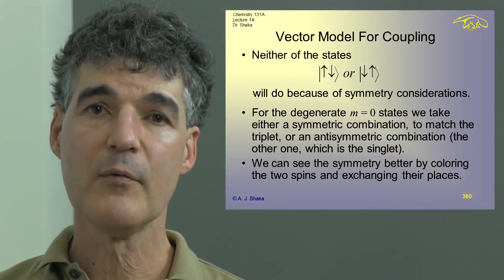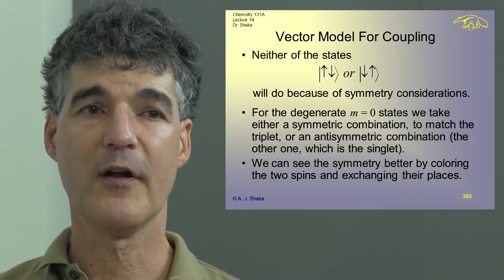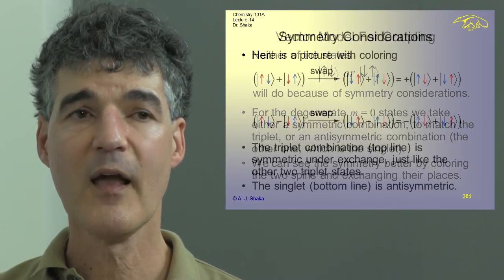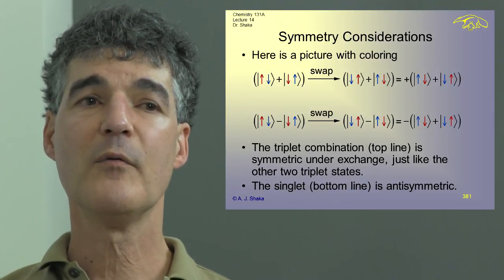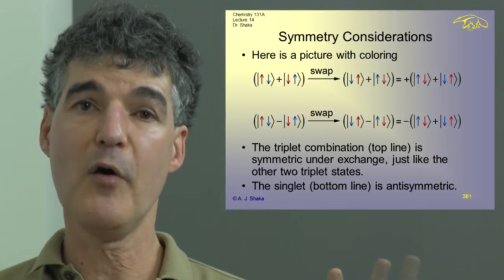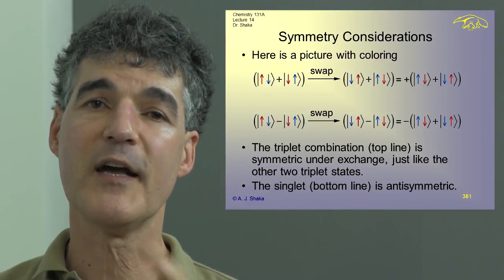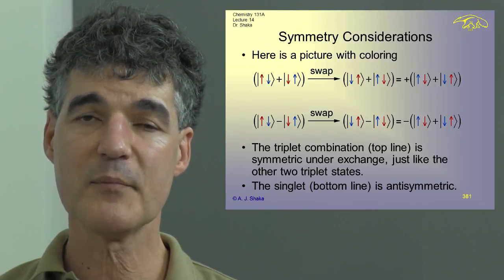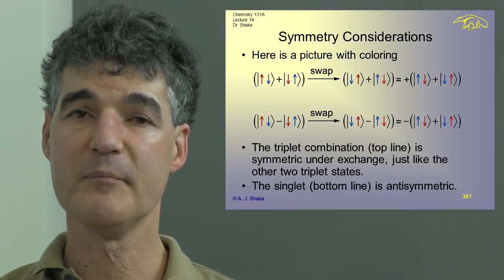When we swap them, we'll see whether we get the same thing or not. At the top here on slide 381, I've shown a picture with the coloring in. We know we can't have one of them because it switches to the other. So we've got to have both of them, 50% of each. Let's forget about the root 2 over 2. That's the normalization constant, just to keep the total probability equal to 1. Let's just take the combination of adding them.